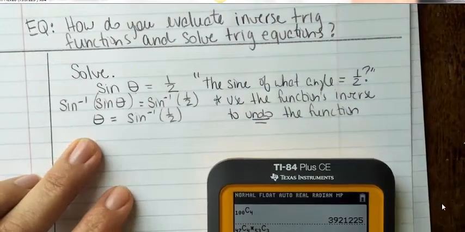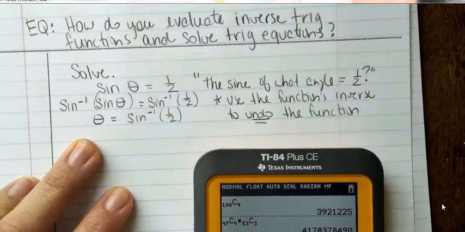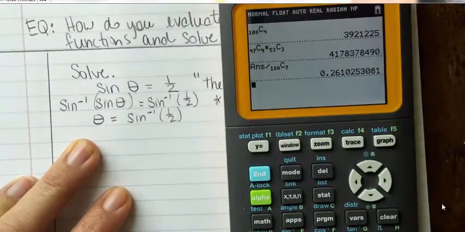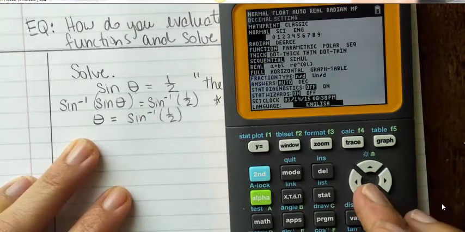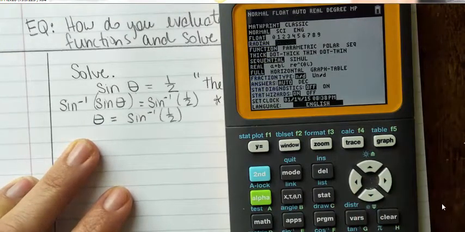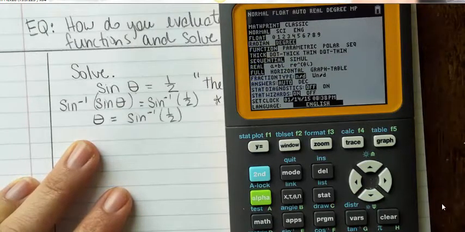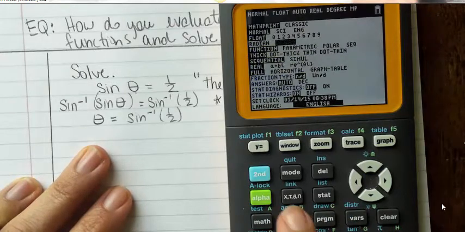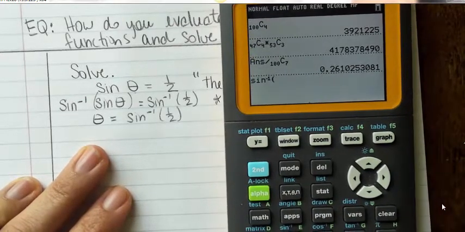It didn't tell me whether this was going to be in degrees or in radians, so I'll make sure that I'm in degrees for now, so that the answer can make a little bit of sense, because otherwise if it gives us radians, it's probably going to be a decimal that won't look familiar to us. To do sine inverse, you press second, sine, which gives you sine inverse.